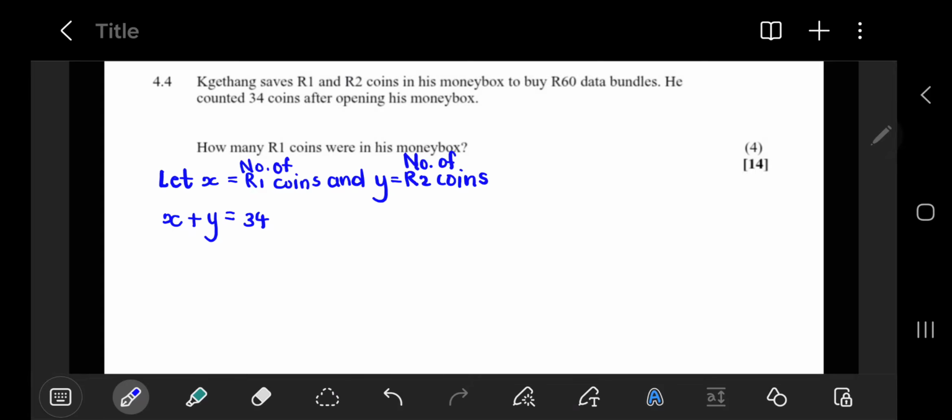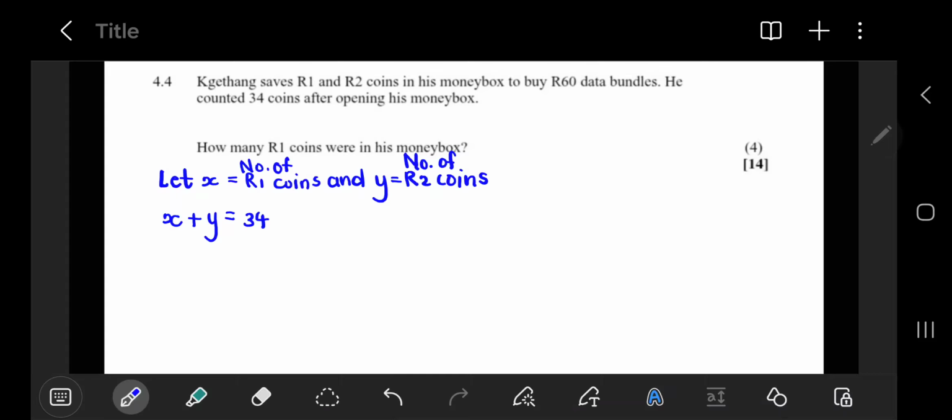They said that he saves these coins to buy 60 rand data bundles. Also, I've just adjusted this because I didn't write it down. We said x is representing the number of 1 rand coins and y is representing the number of 2 rand coins. Now, focusing on the part where he's trying to buy a 60 rand data bundle.